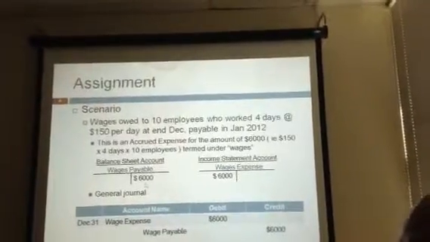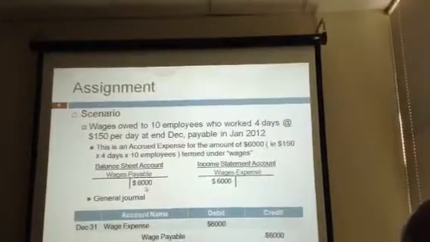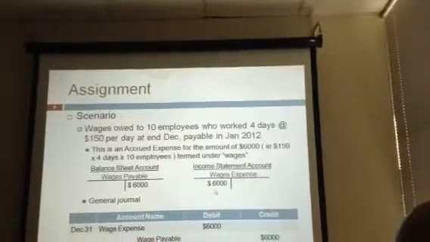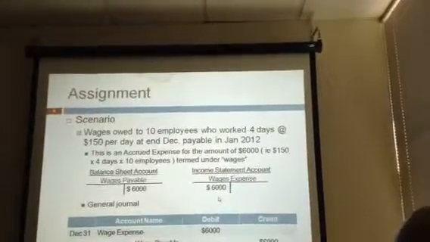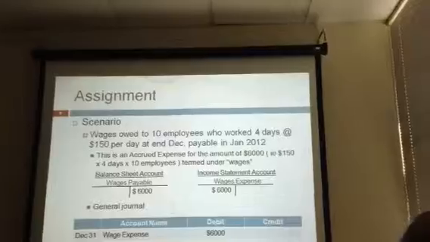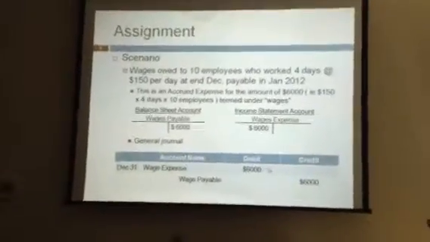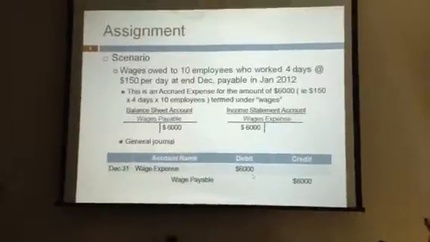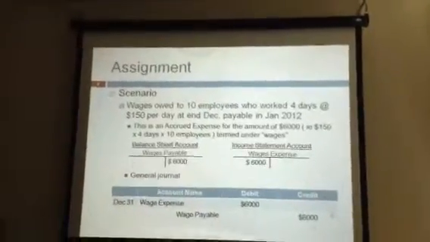So it is a credit for wages payable and a debit for the wages expense, and this is represented in the general journal in the following manner: wage expense debit $6,000, wage payable credit $6,000.